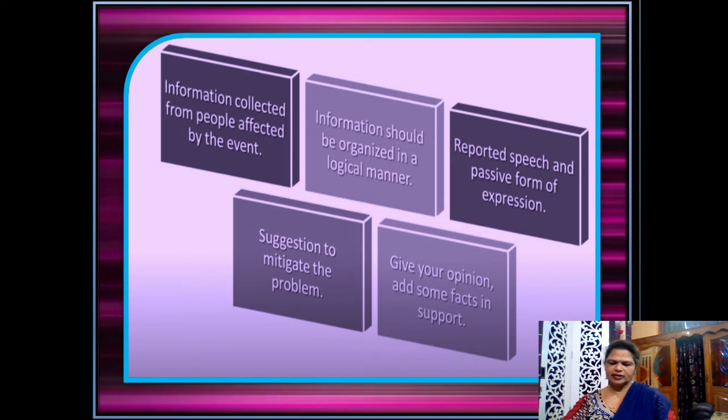This will be your second step. Reported speech and passive form of expression must be used. You have to give some suggestions also to mitigate the problem. And lastly, you can give your opinions. You can add some facts in support of the incident which you are writing.